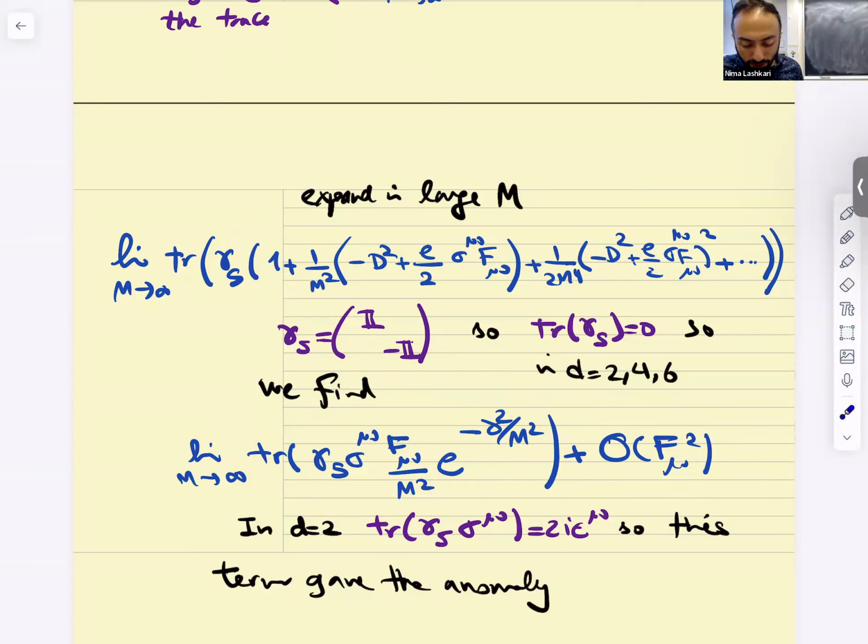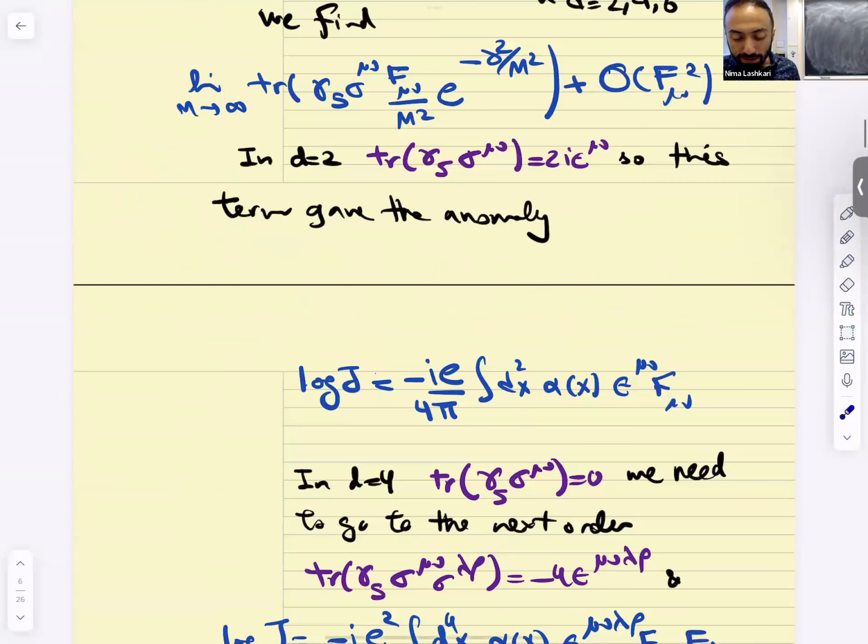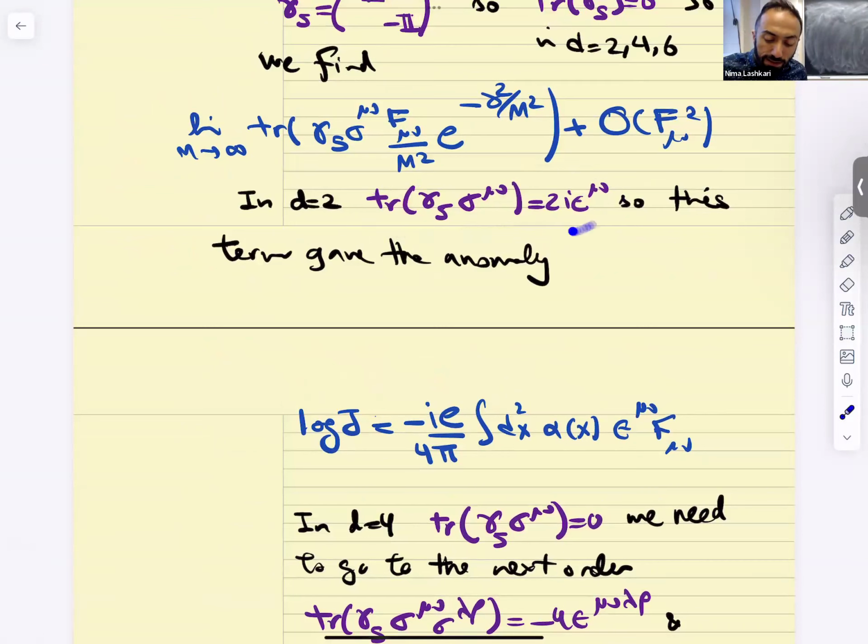Now in D equals 2, gamma 5 sigma mu nu is 2i epsilon mu nu, the antisymmetric tensor, and this is just an identity satisfied by gamma matrices in 2 dimensions, right? Do you remember what gamma matrices in 2 dimensions were? Sorry, Pauli, yeah.